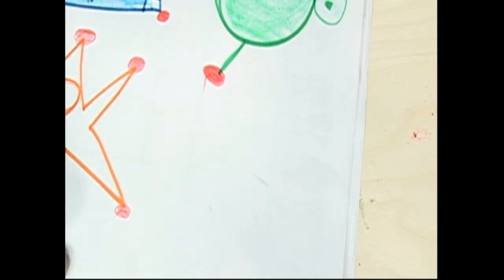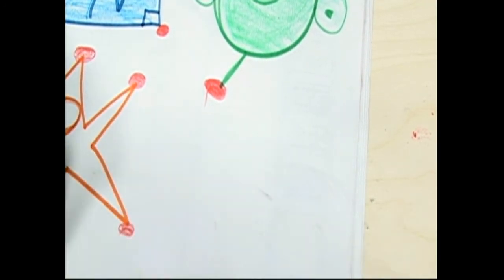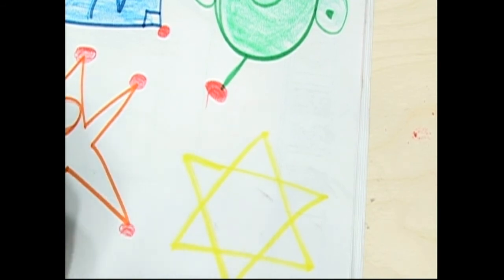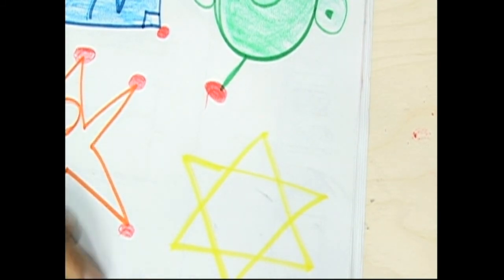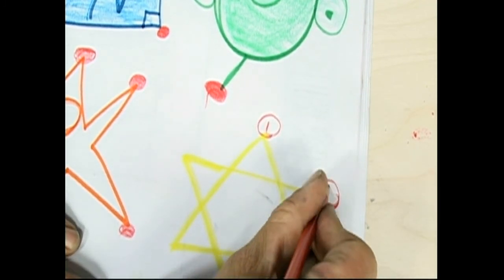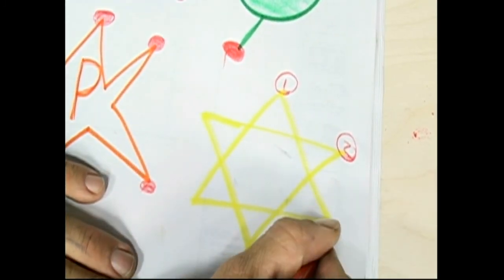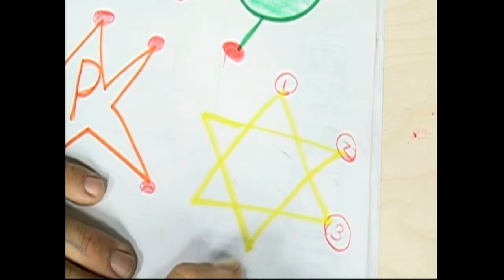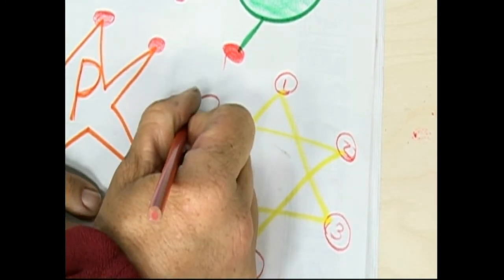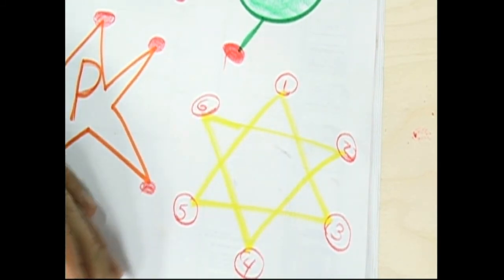But then when we looked underneath oxygen, sulfur can have 6 bonds. So we came up with the old Star of David here. 6 bonds on that. 1, 2, 3, 4, 5, 6 bonds on sulfur.